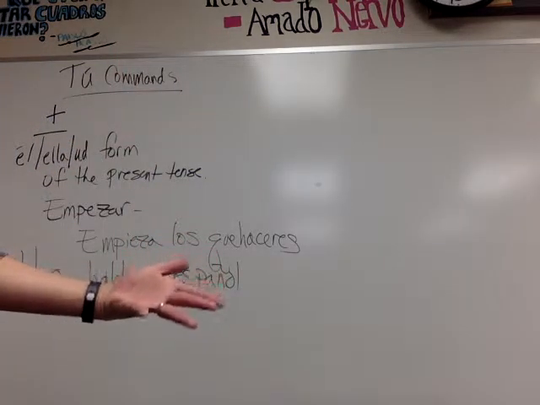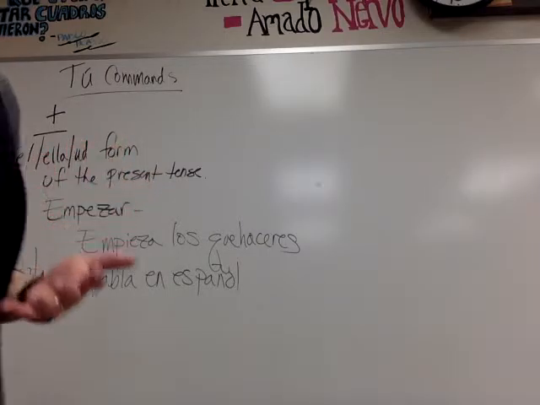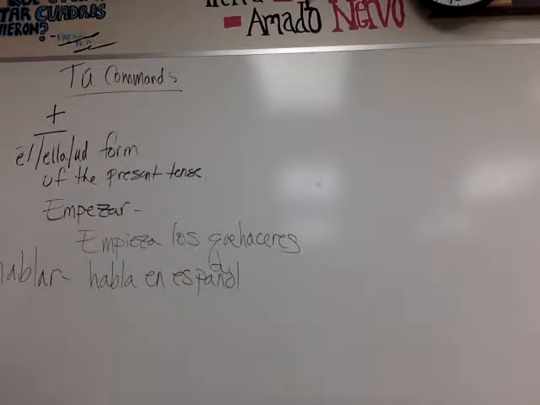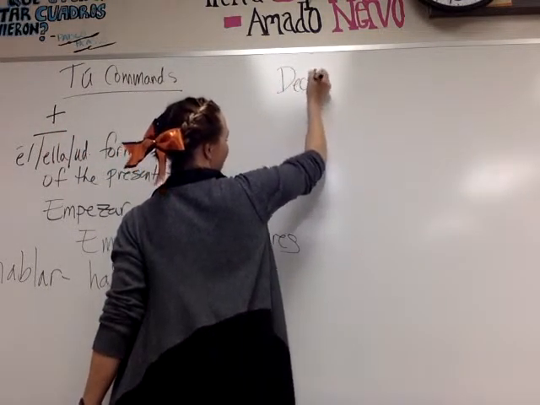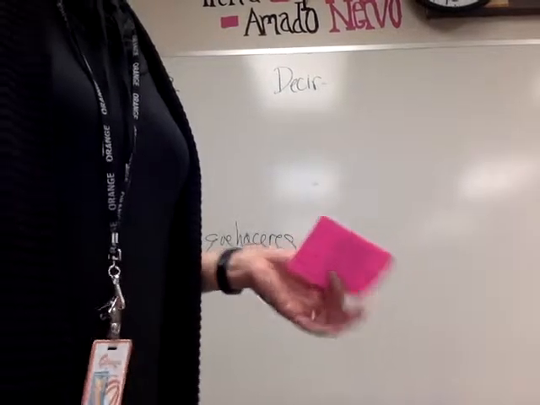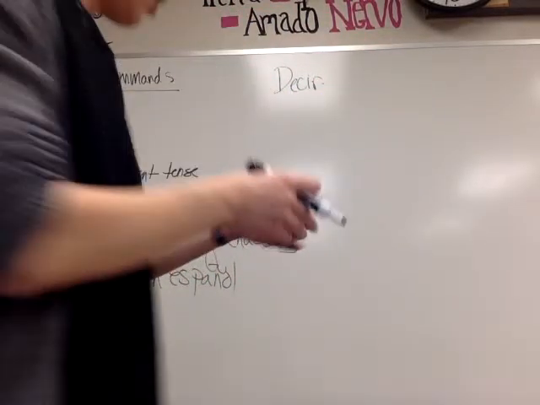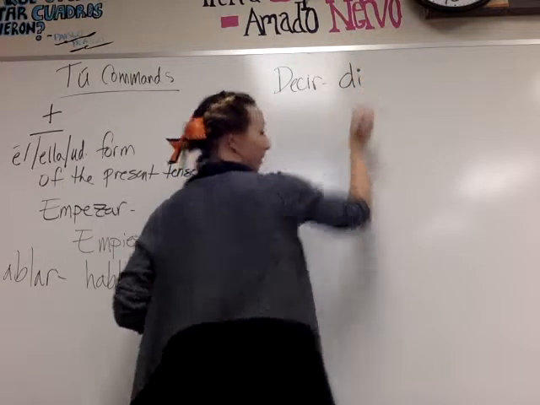So, of course, there's going to be irregulars. And there's really no rhyme or reason to this set of irregulars. We just have to kind of familiarize ourselves with that. So the first irregular is going to be the verb decir. What does decir mean? To say or to tell. Good. So this is a really common command. I would say, tell me the truth, or tell me whatever, just tell me. All right, so the positive tú command for decir is di.